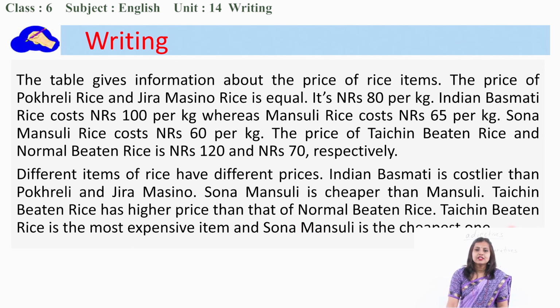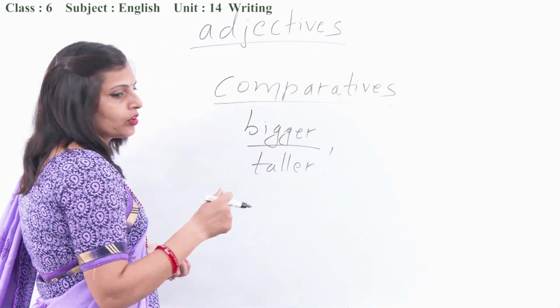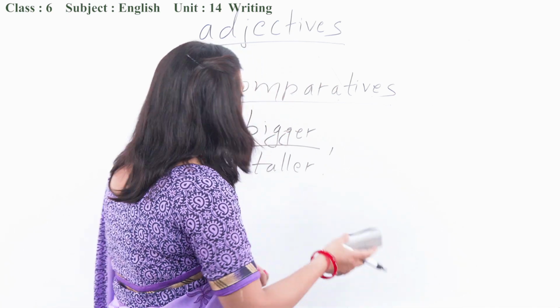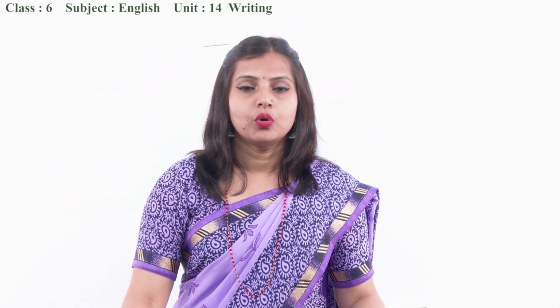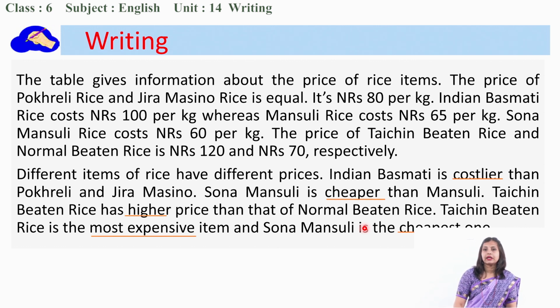Okay. Taichin beaten rice is the most expensive item and Sona Mansuli is the cheapest one. Now among the whole table, yes, which one is the most expensive item and which one is the cheapest one? For that, we have to use, you see what is used there? See there, what has been used? Most expensive and cheapest.